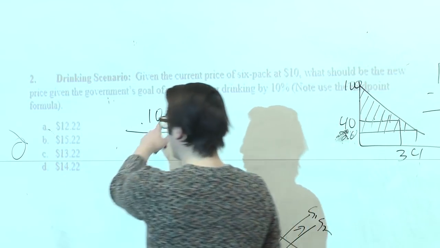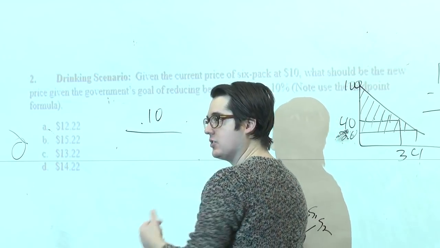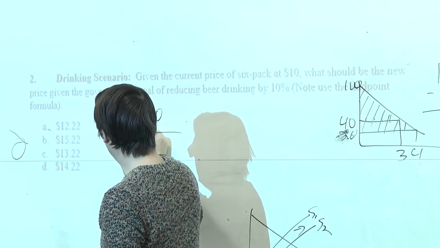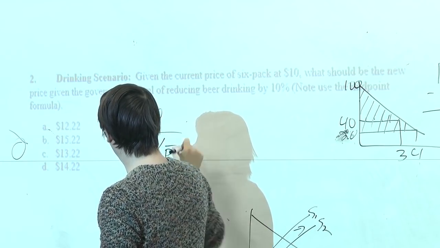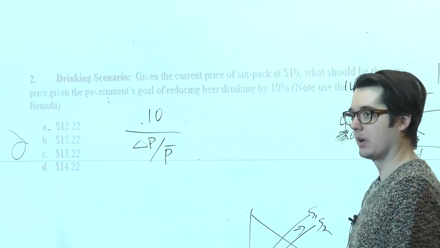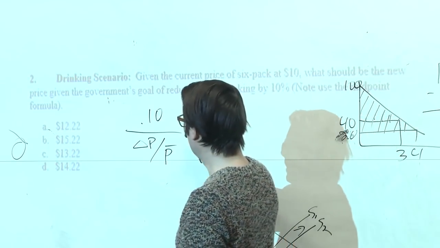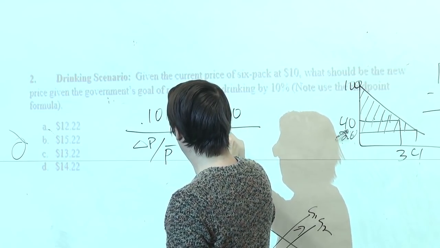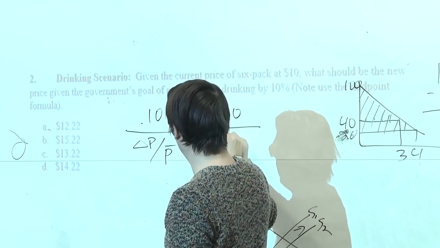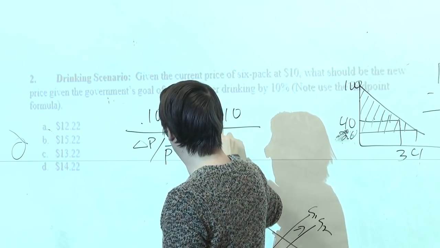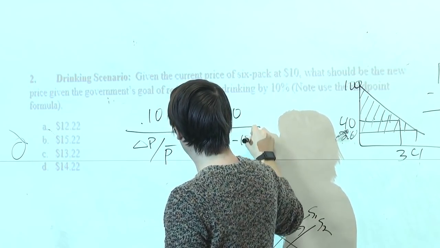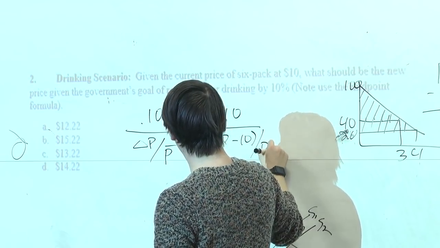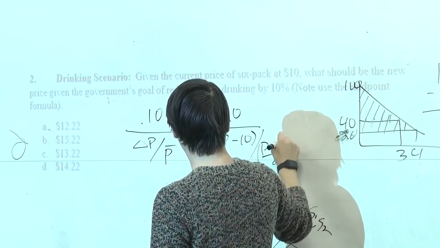The way that you would actually go through and solve this explicitly is by calculating: you know the percent change in quantity is 10%, and then you're using the midpoint method. So the midpoint method is going to be the change in price divided by your average price. So it's going to be 0.10 divided by, we don't know where we're calculating our new price, so we just put in a P minus 10, divided by the average of those things, so P plus 10 divided by 2.